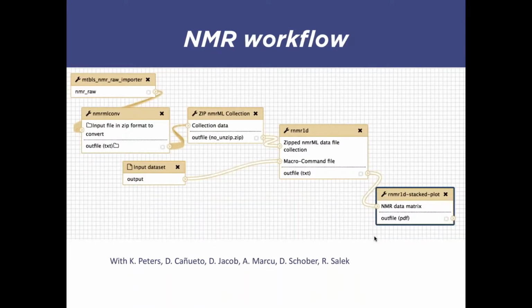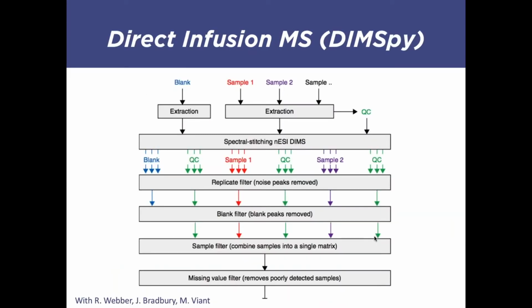We have a working NMR workflow that allows you to take some data from metabolites from certain NMR experiments and produce some results. And this was developed by a number of collaborators within our consortium. We have the direct infusion mass spectrometry workflows that allows you to take care of this type of MS flavoring, developed by our collaborators at the University of Birmingham.